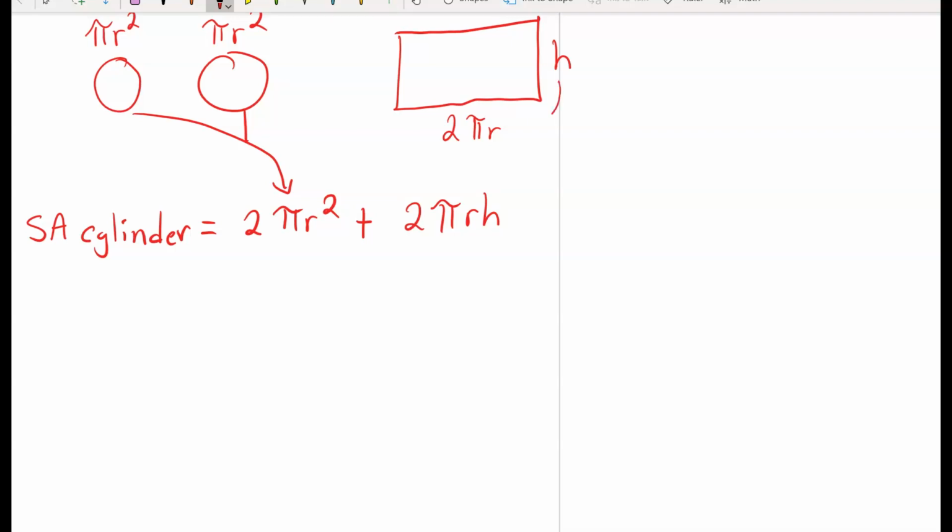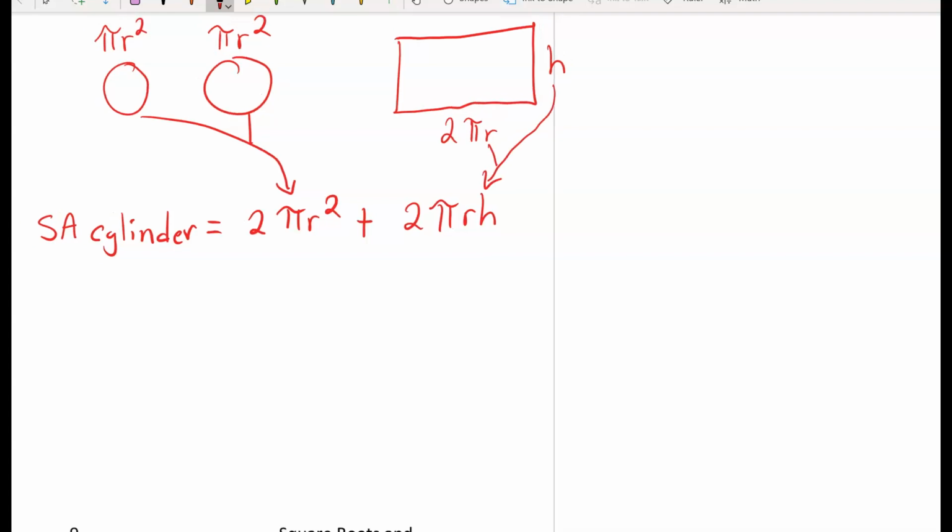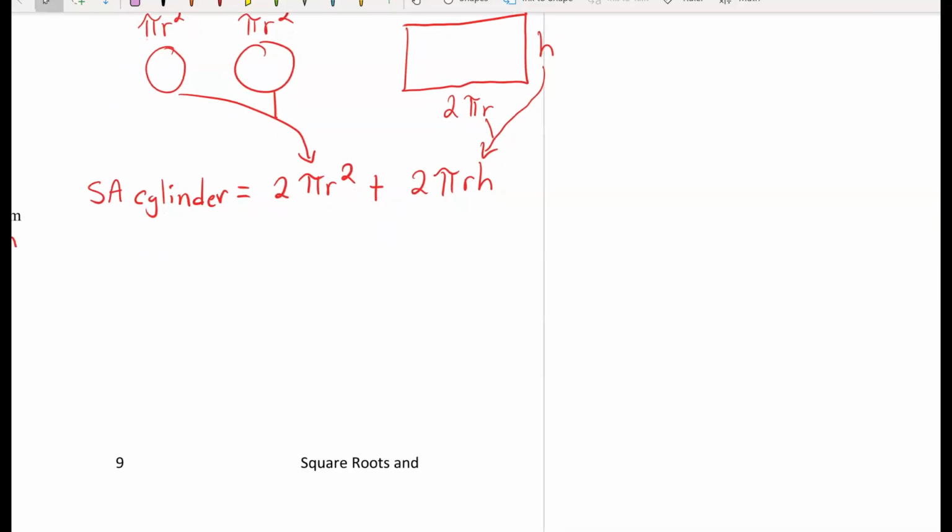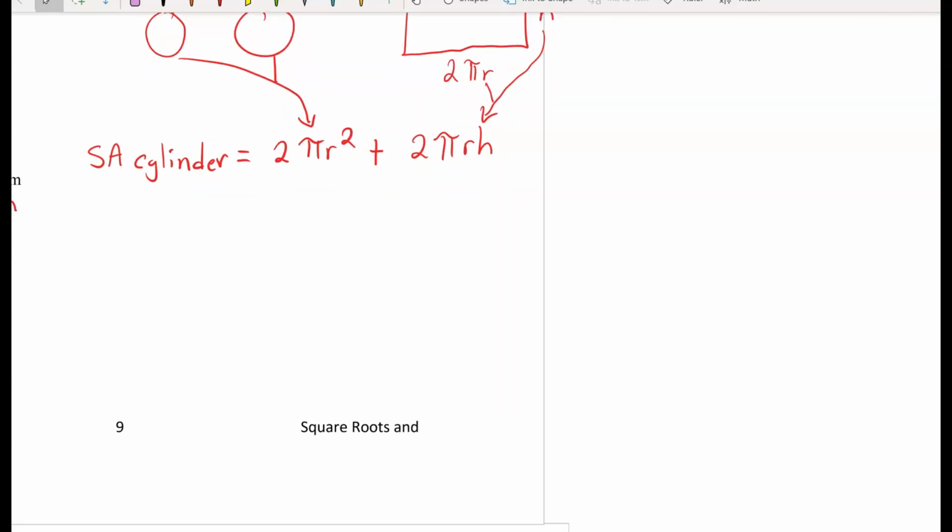That's coming from the rectangle. Once we add the top, the bottom, and the length and width around the outside, we get our surface area for a cylinder.